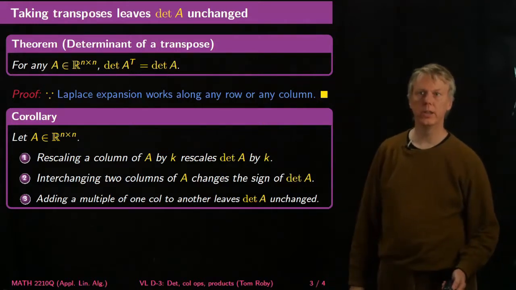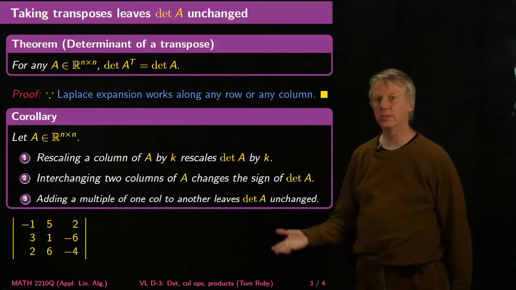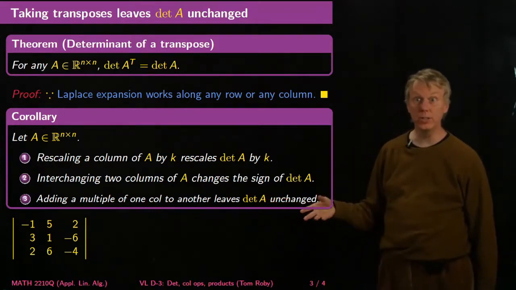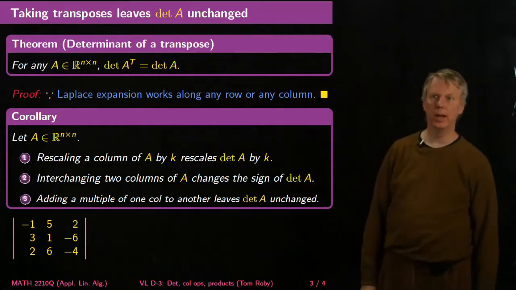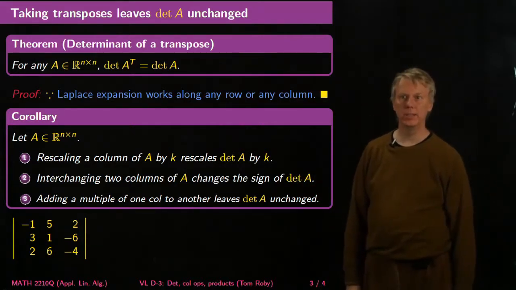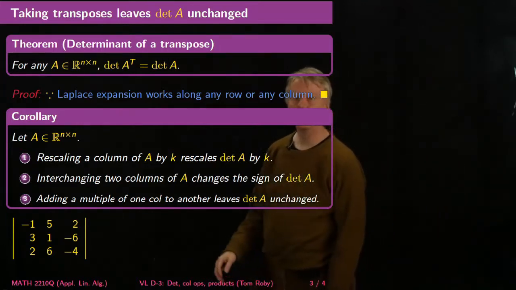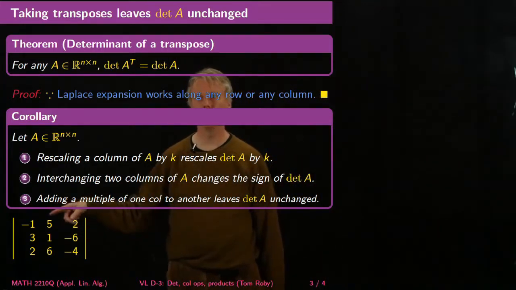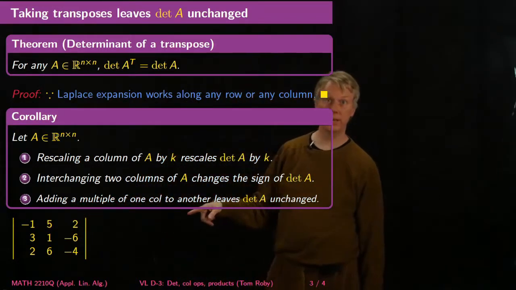All right, so here's a way to illustrate that. If you look at this matrix and I ask you to take the determinant, there are no zeros. It's not so obvious how you might expand it, and maybe it's not so obvious how row operations would work nicely here. But if you notice that this first column and the third column have a nice relationship, do you see what it is?